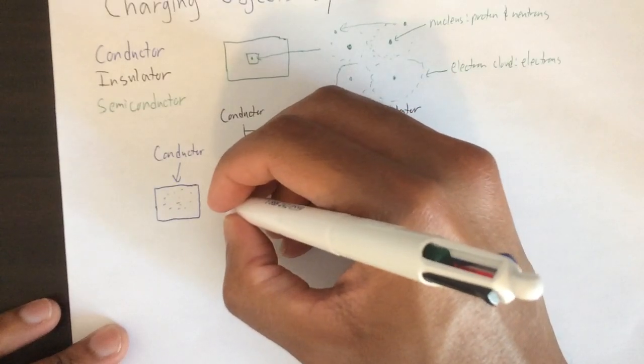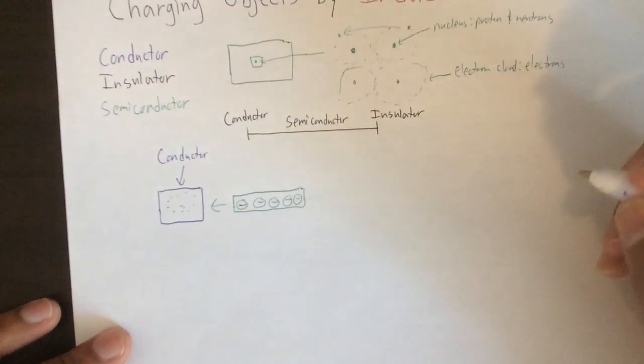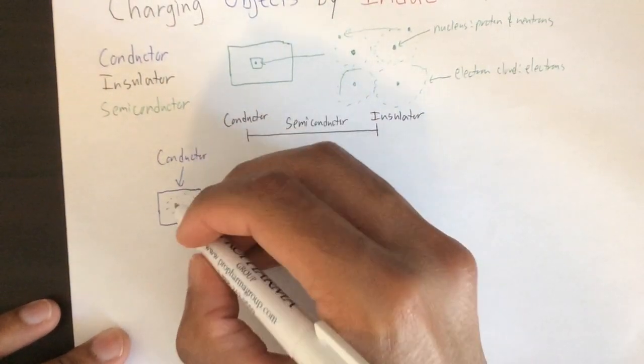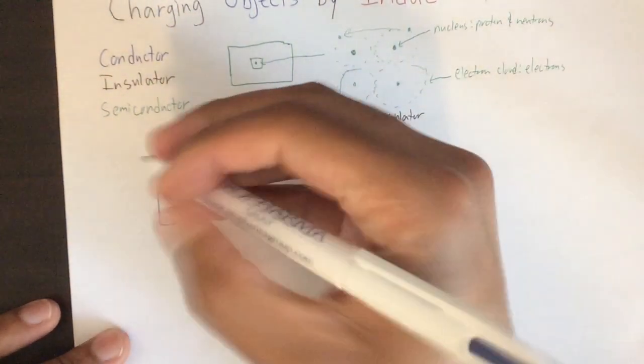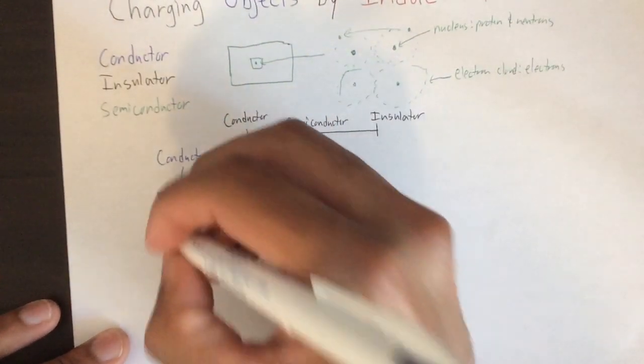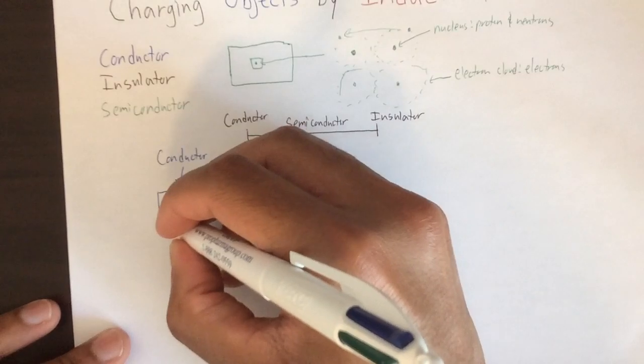As this rod moves closer to this conductor, the electrons here, which I'll put in red, will move this way.